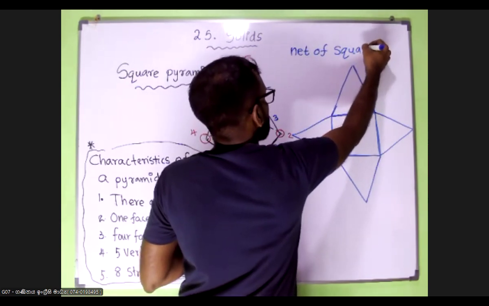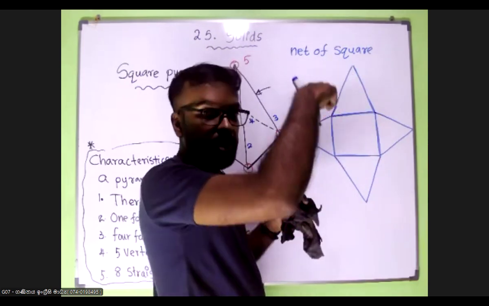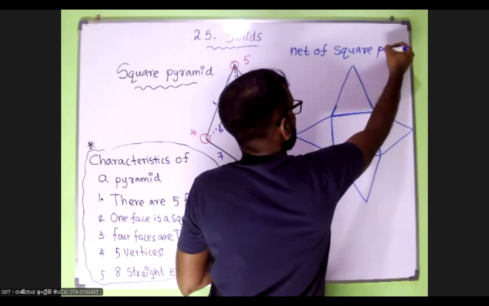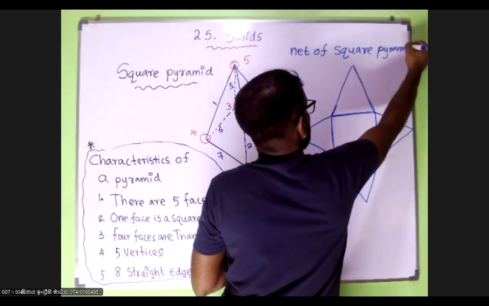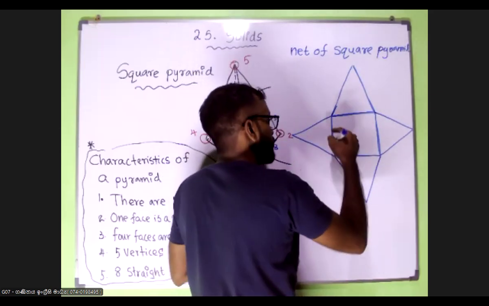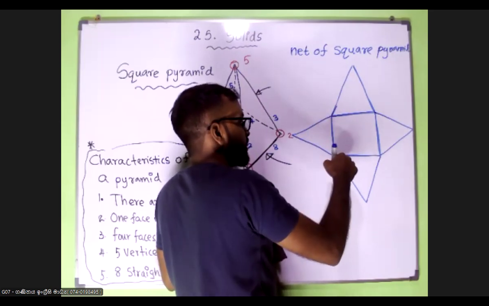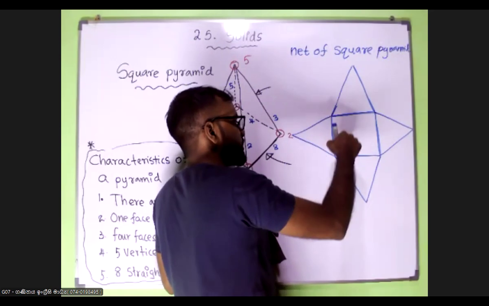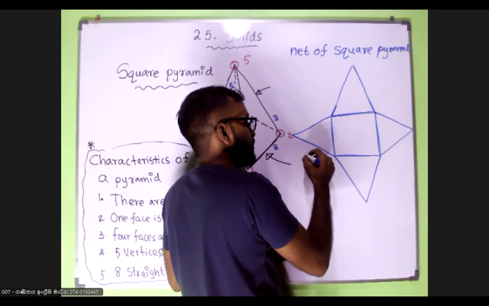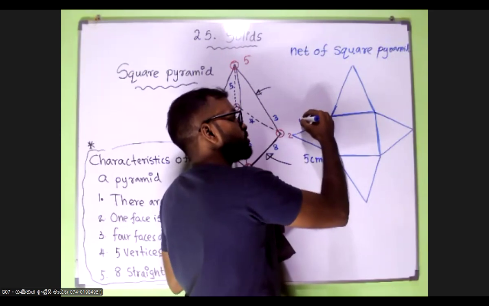I will use the tute and I will share the screen and draw it again on the net that I have provided. Net of square pyramid. So this is the shape. For an example, if I told you this side of this triangle is, let's say, 5 centimeters, this side also should be 5 centimeters.